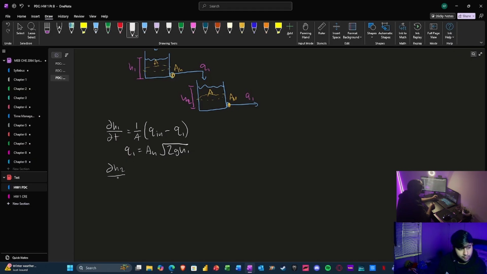And we do the same for our second tank, which is Q1 minus Q2.